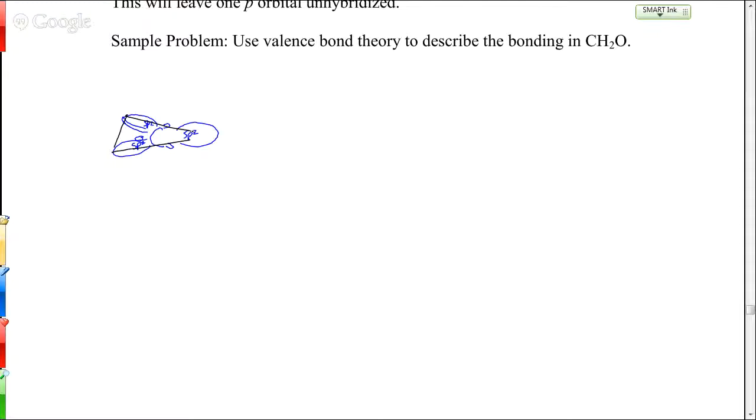And that leaves behind one unhybridized p orbital going in the other direction. So that's a p orbital that's not hybridized, not combined with the s. So we have our 3 hybrid orbitals and then 1 p orbital that is not hybridized. The way this bonding works then is that the 2 hydrogens are going to go with their 1s orbitals over here.